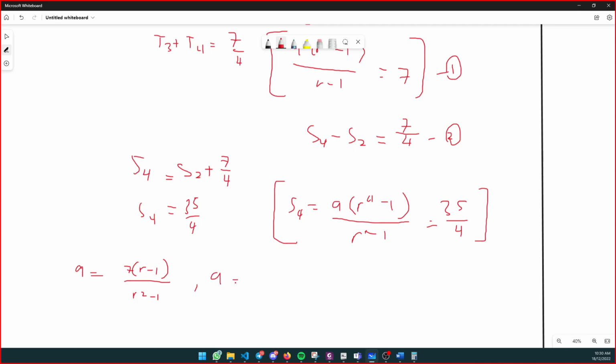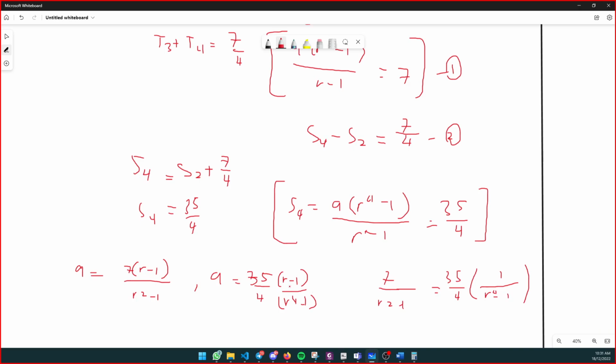So you have another one: A equals 35 over 4 (r minus 1) over r to the power 4 minus 1. Since these both equal each other, I say 7 over r squared minus 1 equals 35 over 4 times 1 over r to the power 4 minus 1.